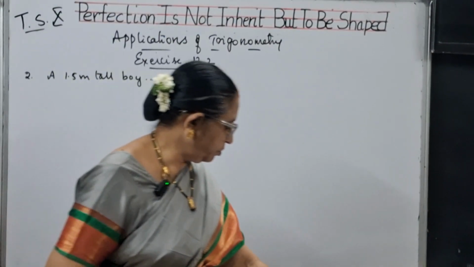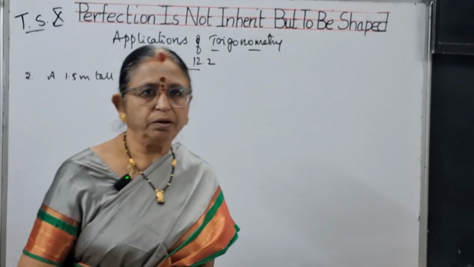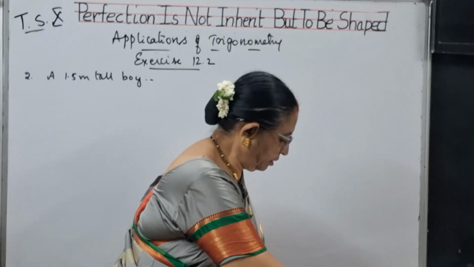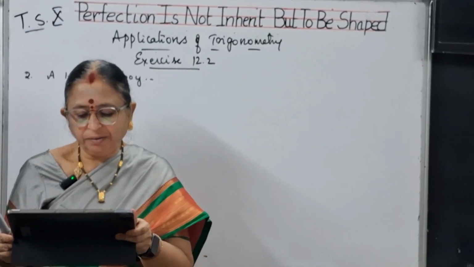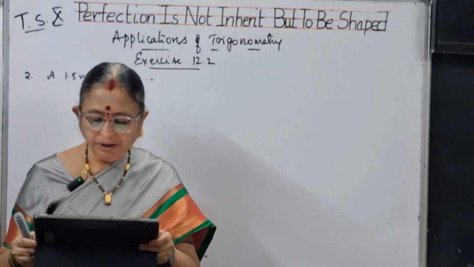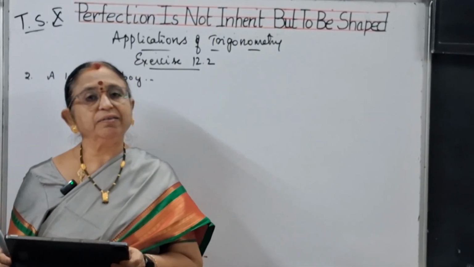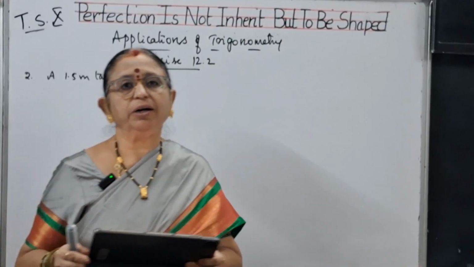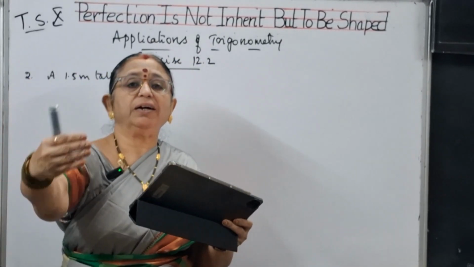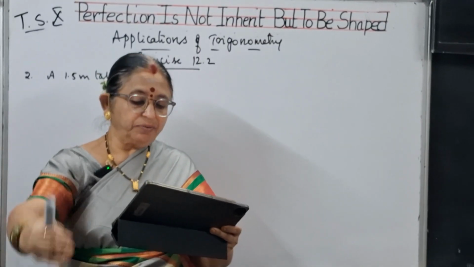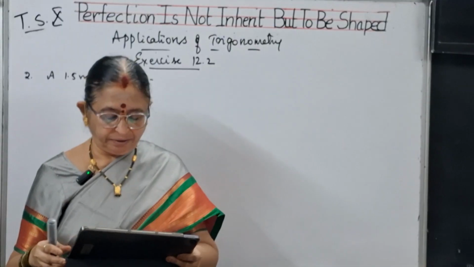Now, second problem, children. A 1.5 meters tall boy. So, let me read this problem. A 1.5 meter tall boy is looking at the top of a temple which is 30 meters in height from a point at a certain distance. A boy whose height is 1.5 meters is observing a temple which is having a height of 30 meters.